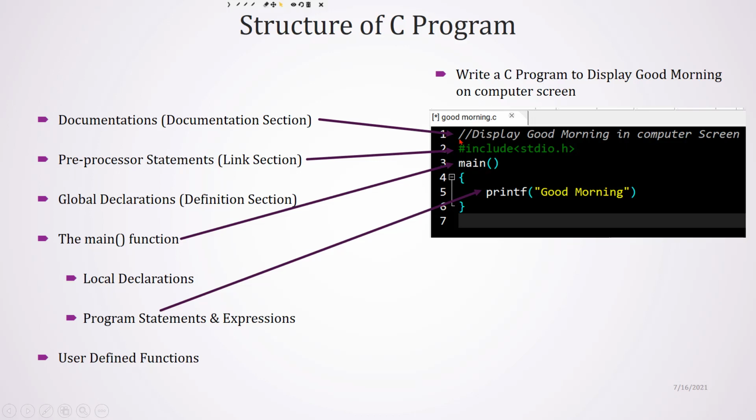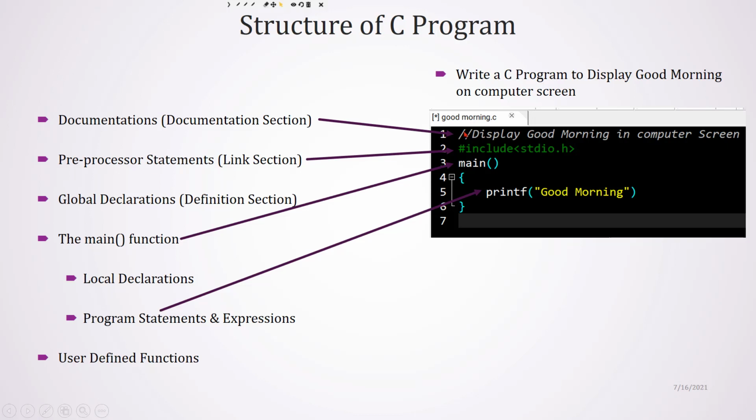So here the first line is not going to be executed because it is a documentation section. The documentation section will not be converted to machine language when it is compiled. Why is it not compiled? Because I have given a double forward slash here.